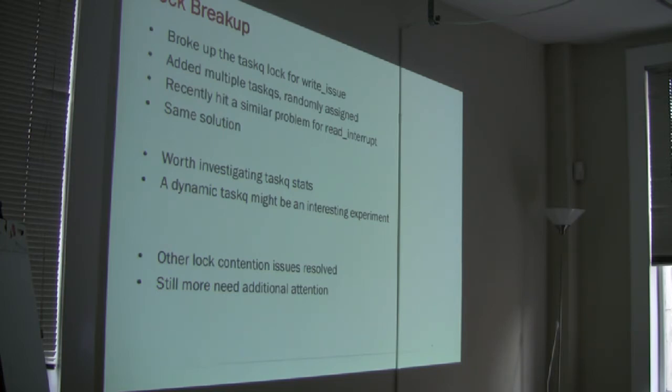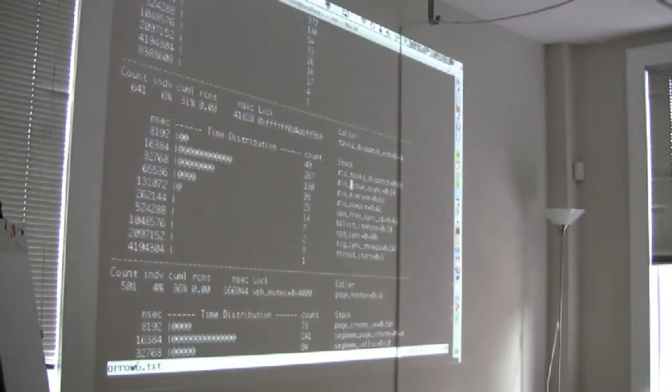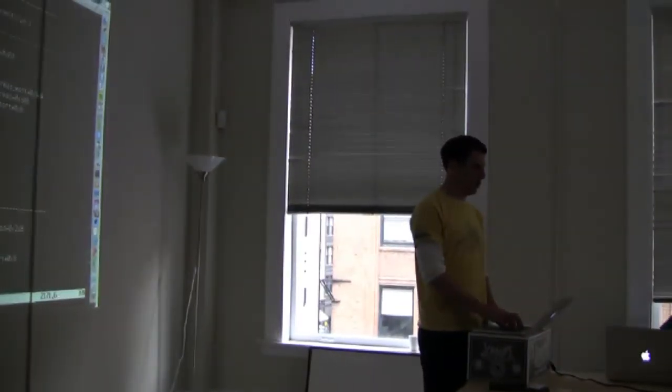I would really welcome any lockstat output or lock contention input. We have lockstat output previously. I assume you guys have that. Yeah, that's what we've been looking at. Sorry, this stuff was from lockstat, which is a wrapper on dtrace, but it looks specifically at lock contention events.